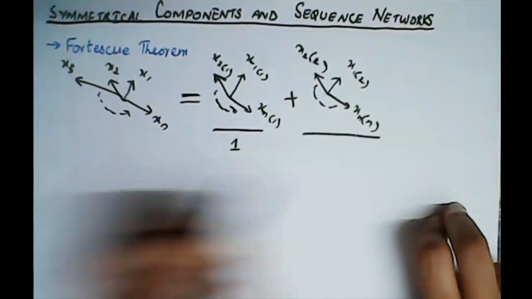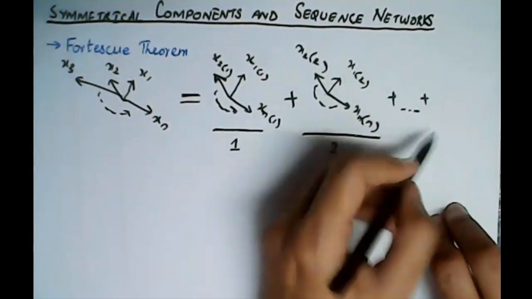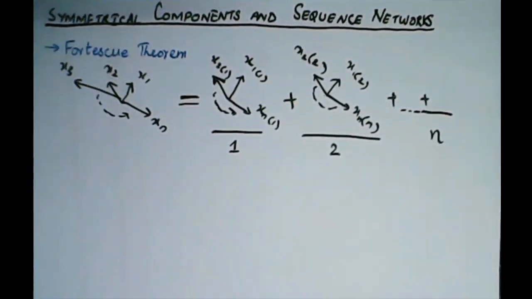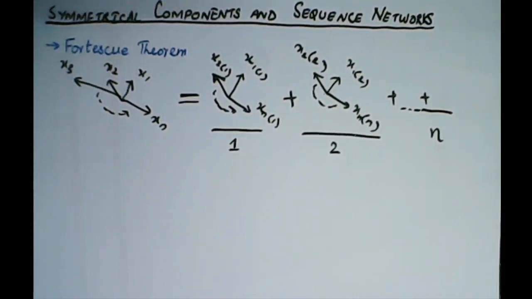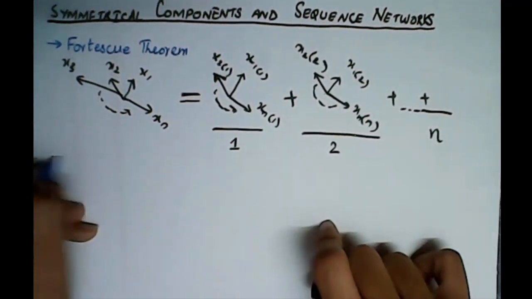This is also a balanced set, and this will continue up to n components. Now what does it mean? It means we are applying this Fortescue theorem to a 3-phase system.